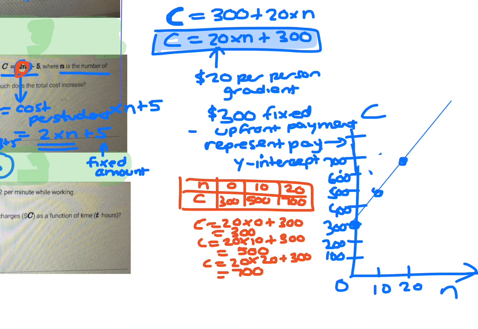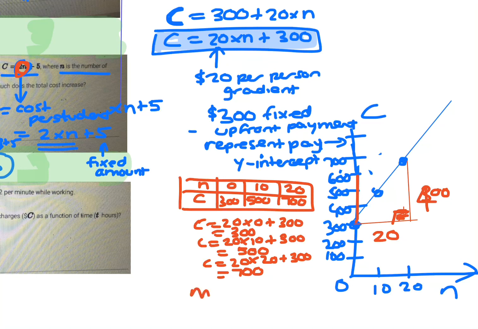And I want you to realise that if you drew a triangle like this and down like this, then that right angle triangle, this would be 20 along here, and from 300 up to 700 is 400.